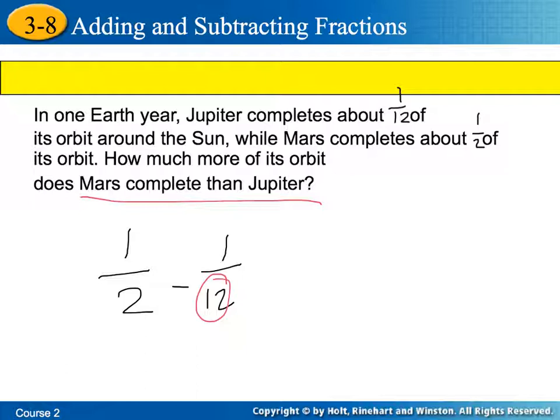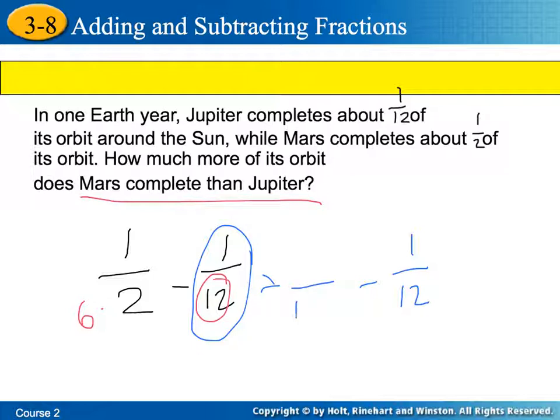If you look at 12, 2 times what would equal 12? 6. So you can take this and multiply by 6 to get to 12. That way, I don't have to change this 1/12. I can leave 1/12 the same because it already has the denominator I want.